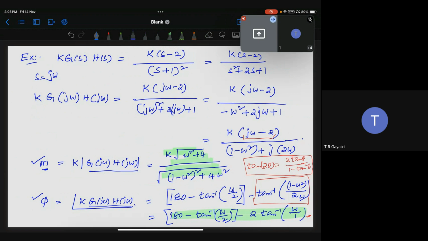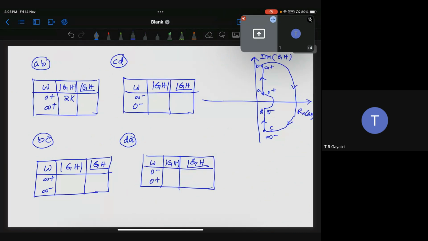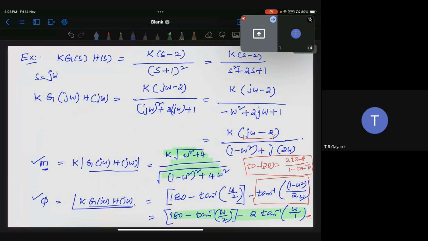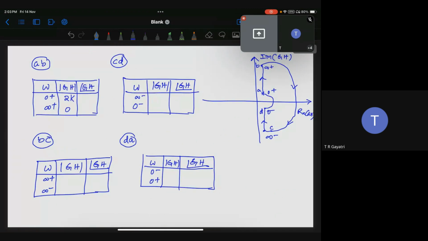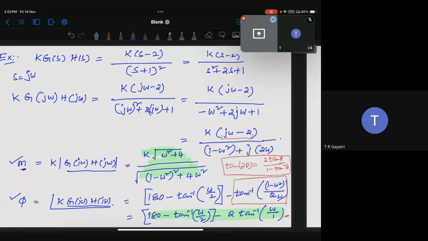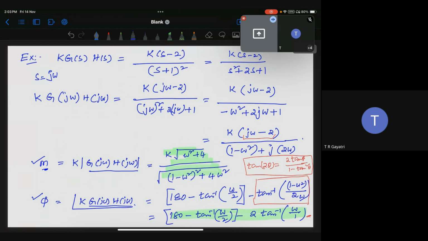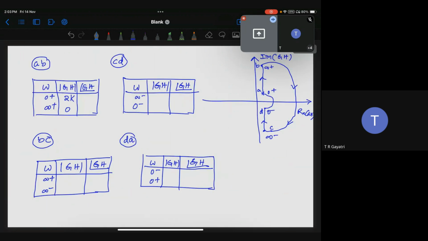When you substitute omega equal to 0, in the numerator you get 2k and in the denominator you get 1, so that is going to be 2k. When omega is infinity, the magnitude will be 0. Similarly, when omega is 0 plus, substituting here, this term goes to 0 and this term goes to 0, so 180 is left.